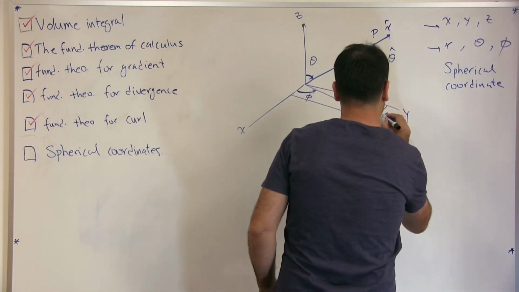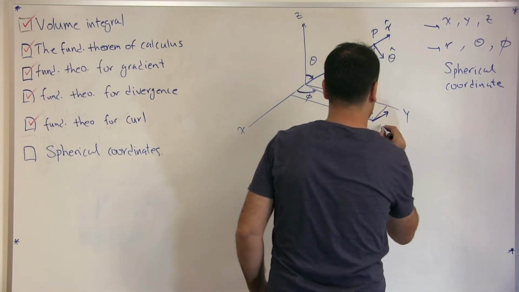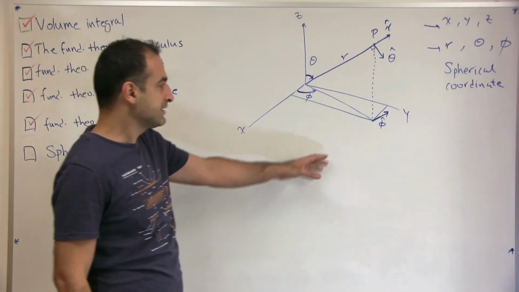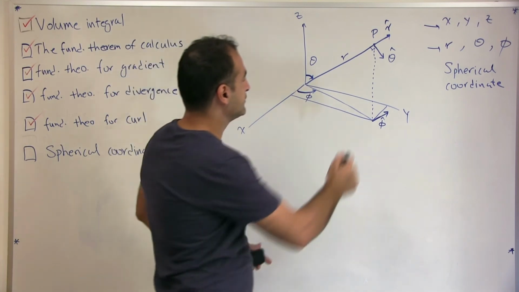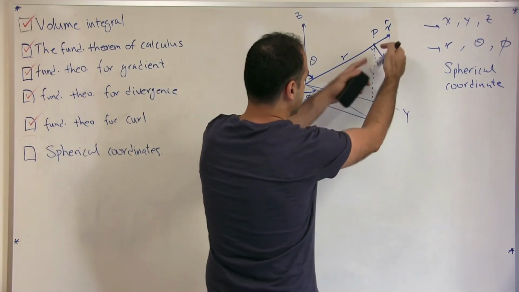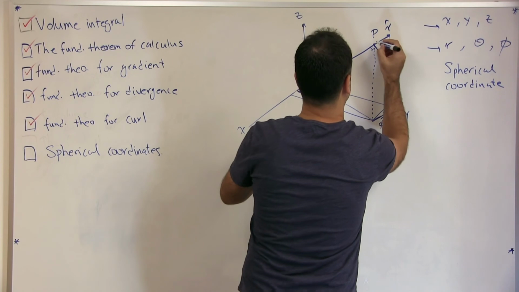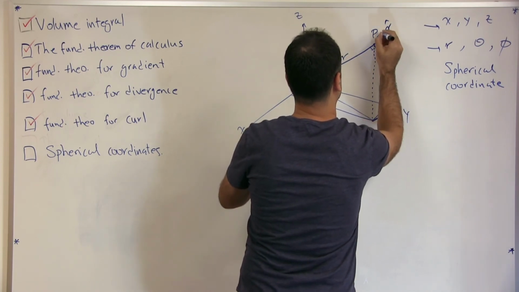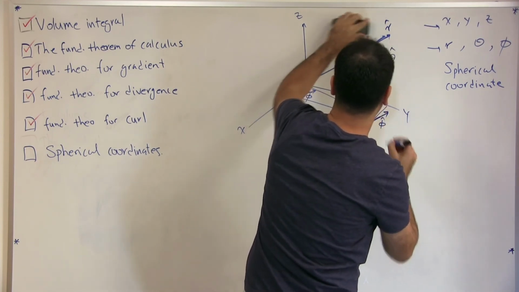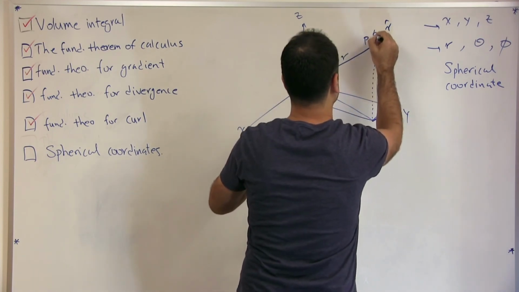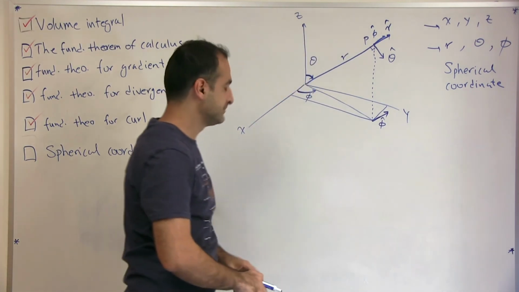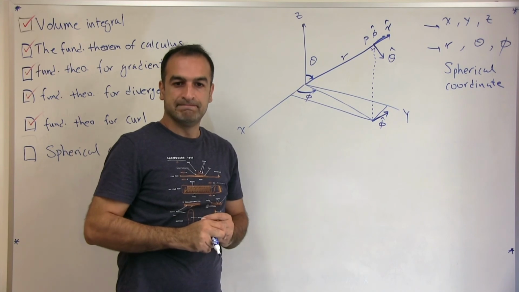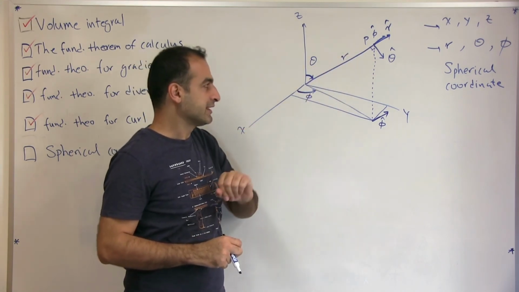Let's move it a little bit this way, and this is phi hat. This is a vector in the xy plane. If I want to show it up here, I can use the same vector up here, so it's going to be almost like this. This is P and this is phi hat. Sounds good? So here I define the unit vectors.